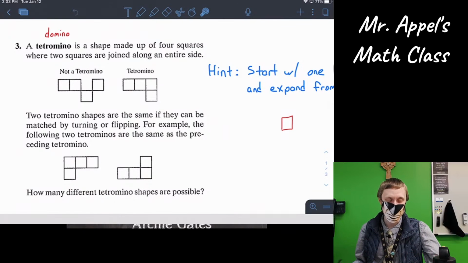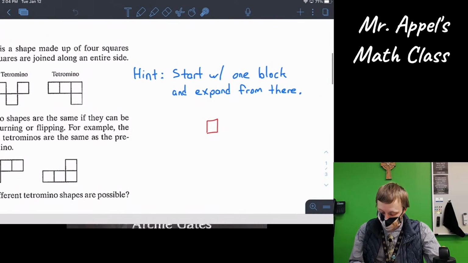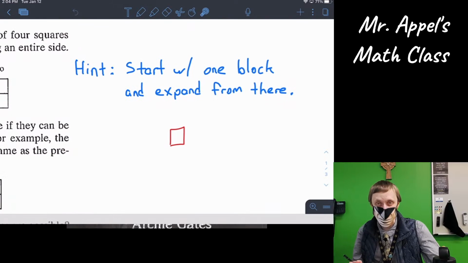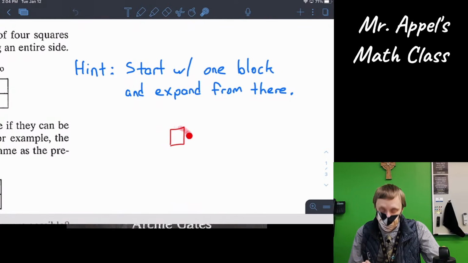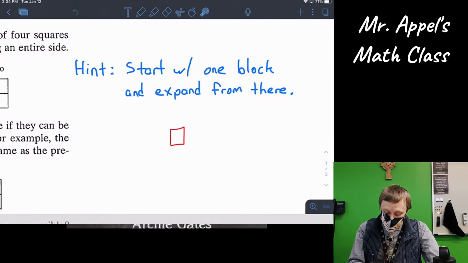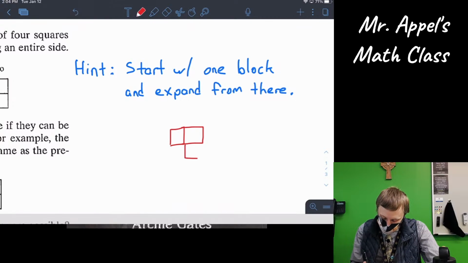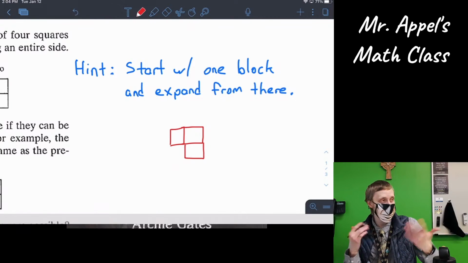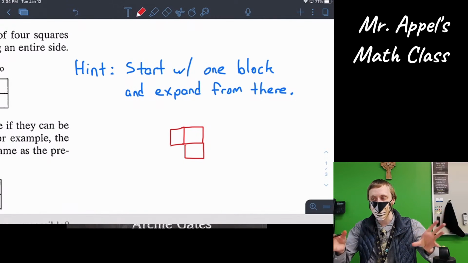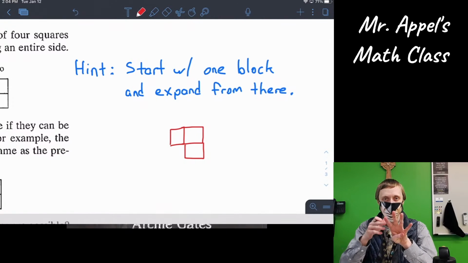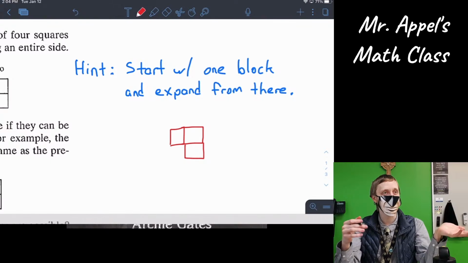Anyways, if you didn't catch that hint, you can go the old-fashioned way. And I would recommend, to help organize your thoughts, still draw things out, but start with 1 square, and then continue to add on to that square in various directions. Add one here, then you can turn one there, right? And find out which ways can I add in a square until you get to all 4 squares, and create a new shape from there.